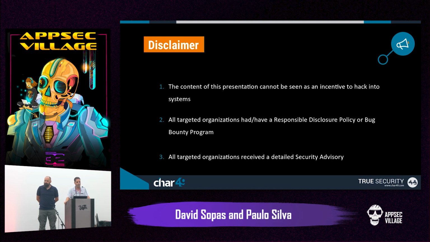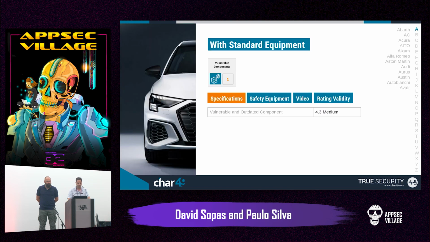Some of them were late to respond, but in the end we did it. We will focus this presentation on 9 brands. I hope that at least one of them is your car manufacturer.